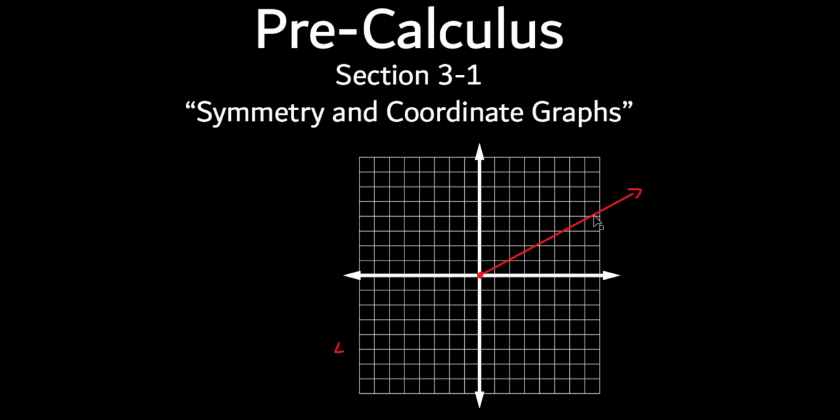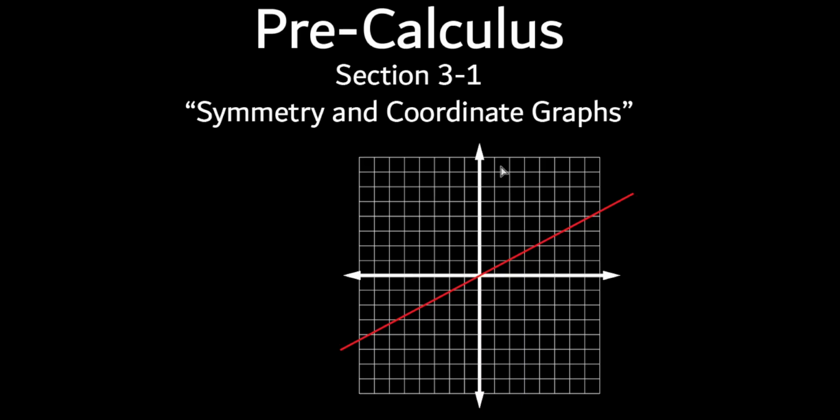So if I took this and flipped it so it's going this way, it would look like that. Do you agree? So you have two rays, one going this way, one going this way. They would be symmetric to each other. If I took it and I folded it onto itself, that's an example of something that is symmetric.